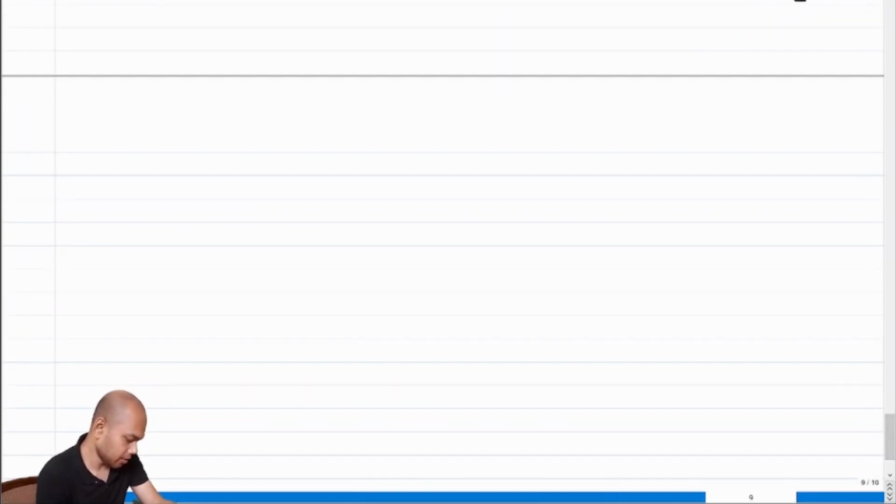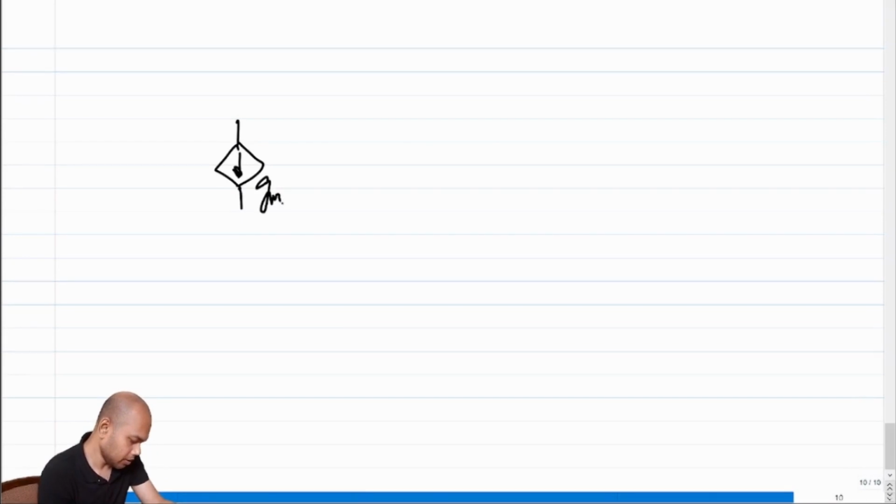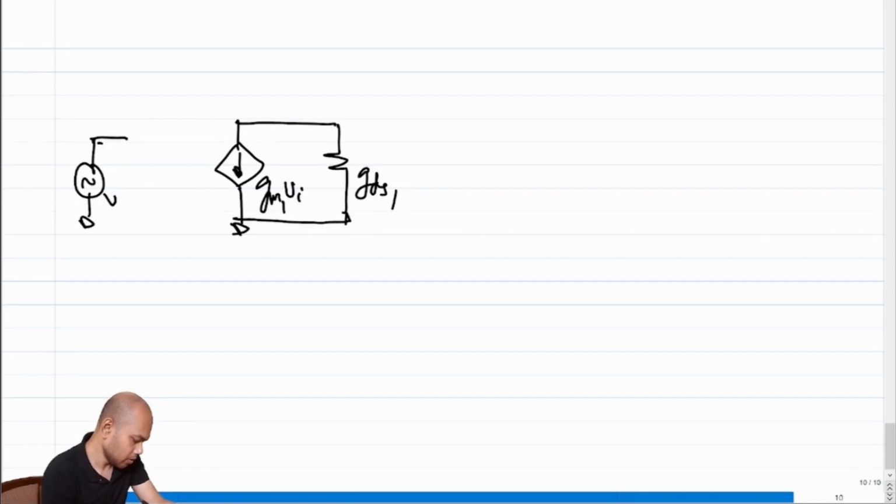What we end up with is, this remains GM1 times VI, this is GDS1, and we have a contraption here, and the value of the resistance in terms of conductance is GM2 plus GDS2.